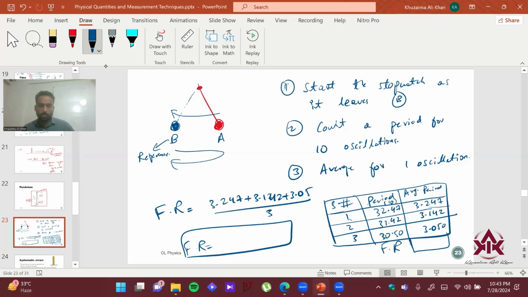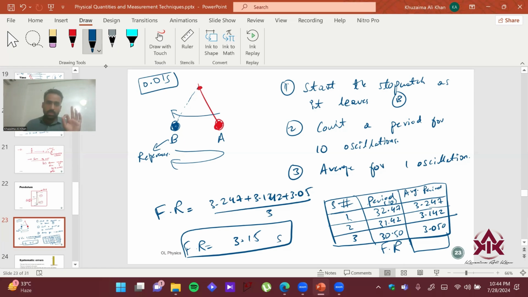So it's coming out to be 3.15. And we are assuming that our stopwatch accuracy is 0.01 seconds. This is the least count of our stopwatch. That is why we are leaving the answer in 2 decimal places.